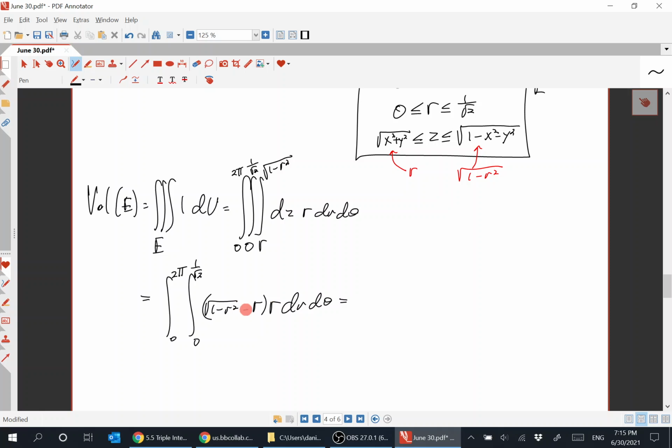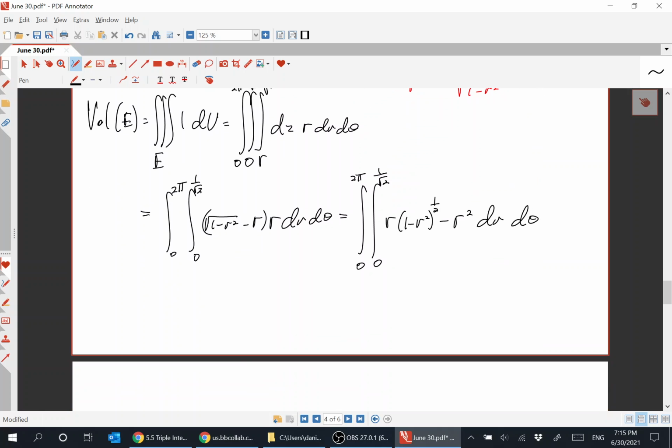Okay, so distribute through, 0 to 1 over root 2, 0 to 2 pi. So that's r times, I'm going to write it like this, 1 minus r squared to the 1/2 minus r squared dr d theta. So to do the antiderivative here, you do a u substitution.